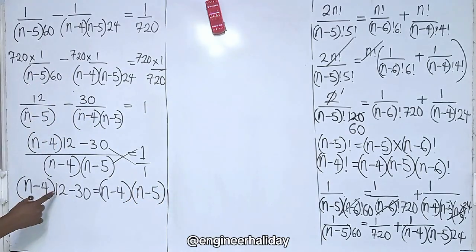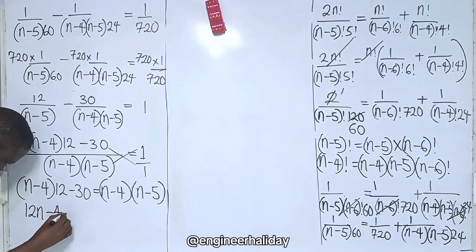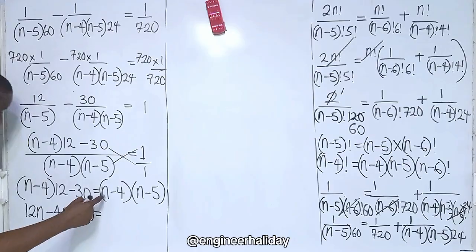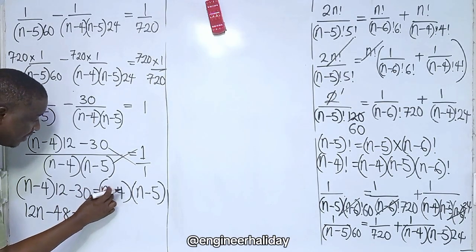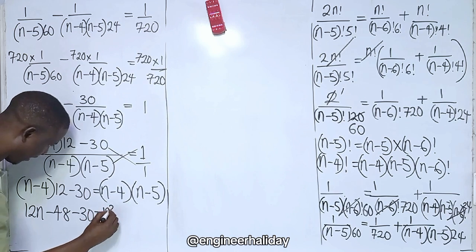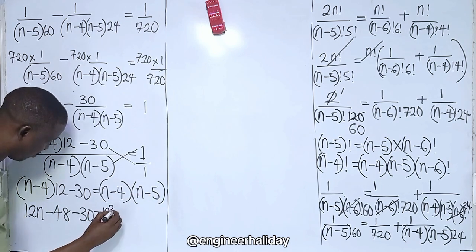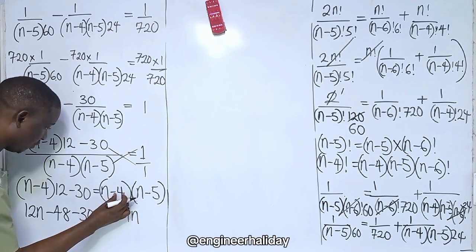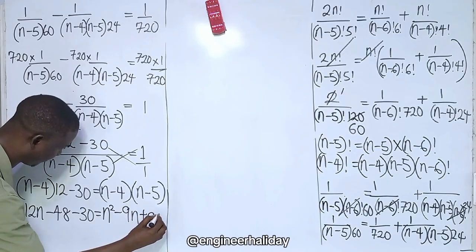Similarly, I would break it down: 12n minus 48 minus 30 equal to, break this one down. What you're going to simply do is n times n is n squared. Then minus 4 plus minus 5 is minus 9, then attach n to it. Then the product, minus 4 times minus 5, will give us plus 20.